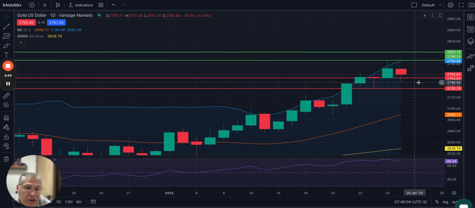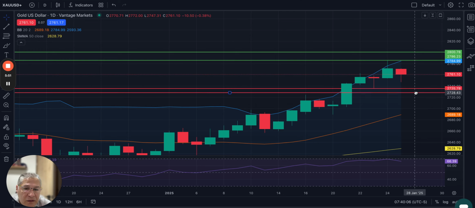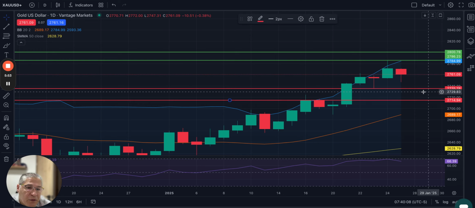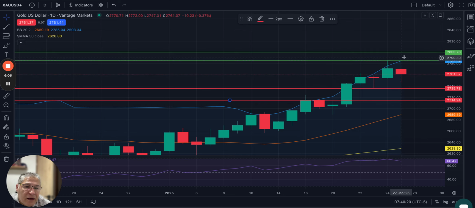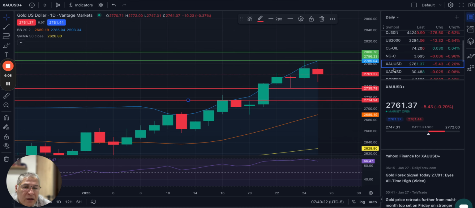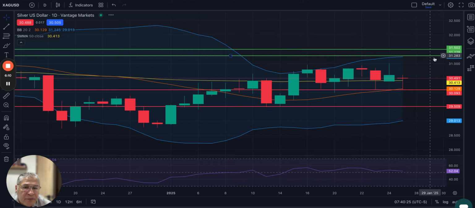Then let's look at gold. Gold is looking to sustain itself from this volatility movement. Let's see if it will be able to sustain itself north of 2700, or at least north of 2740. It retraced during the session, but it's looking to recuperate today. Let's see if we revisit that high from Friday. Then we have silver.